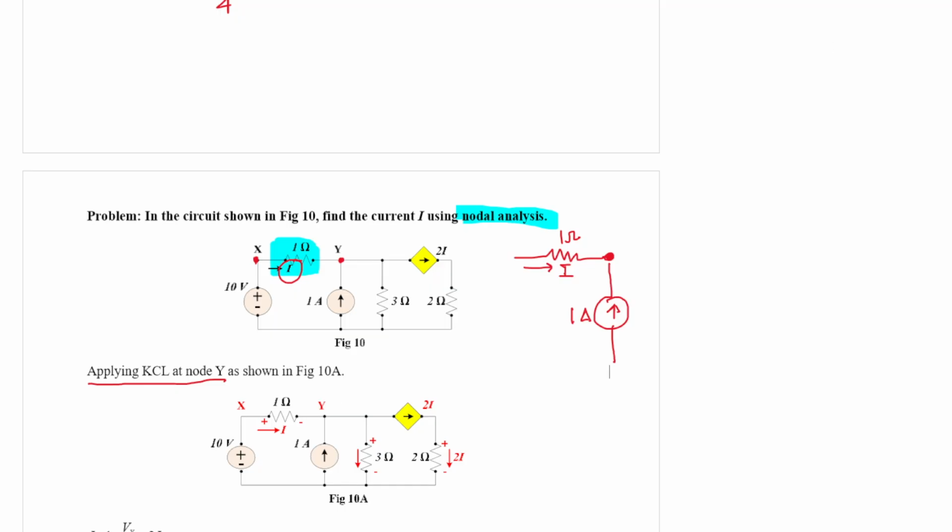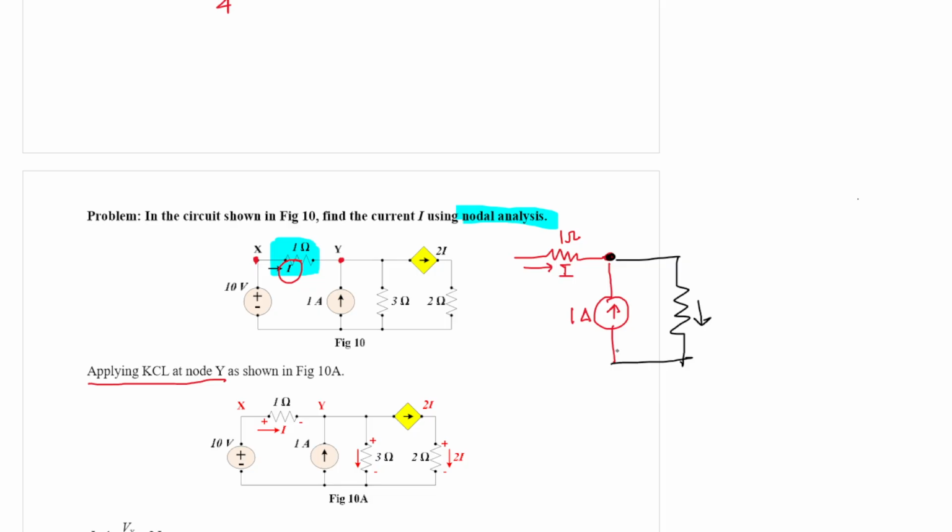Now we have this 3 ohm resistance, and this current must be leaving, for a very obvious reason.